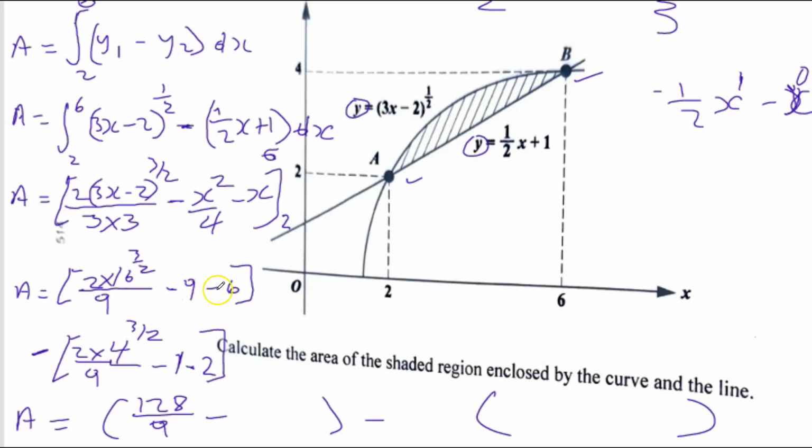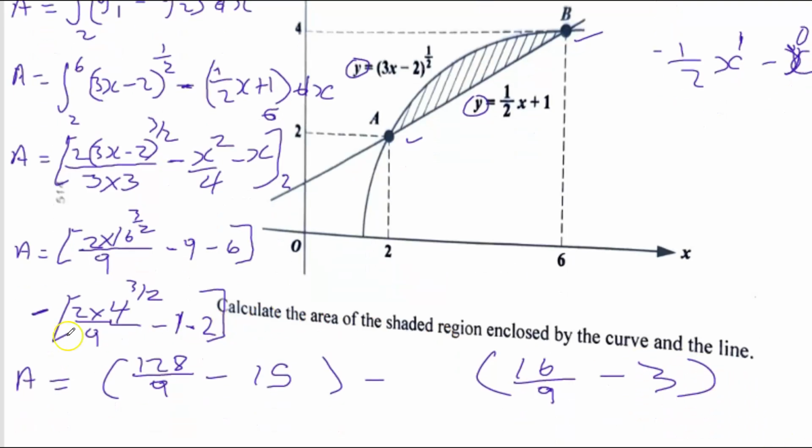Minus 9 minus 6, that's minus 15. In the second bracket, 4 at the base here, we take the square root of 4, which is 2. 2 cubed is 8. 8 times 2, that's 16. Or I can simply use a calculator. That's 16 over 9. Minus 1 minus 2, that's minus 3.